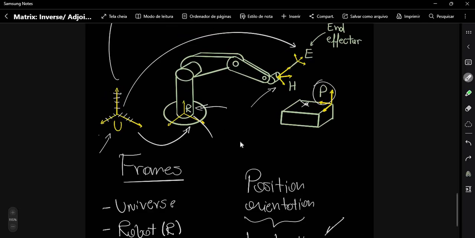So first, we can write a transformation for the frame R in relation to the frame U, because we are tracking the orientation and the position of this frame R all the time in relation to this reference.